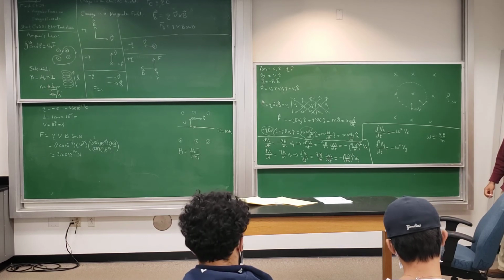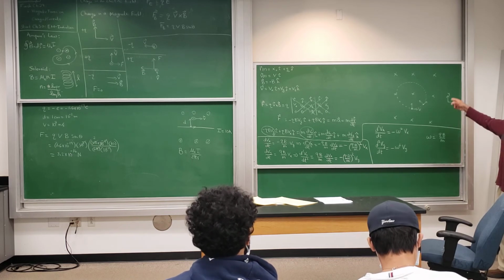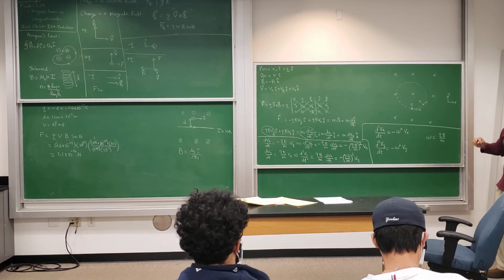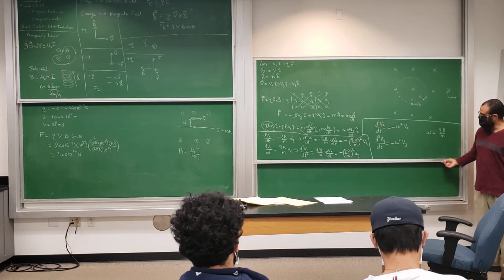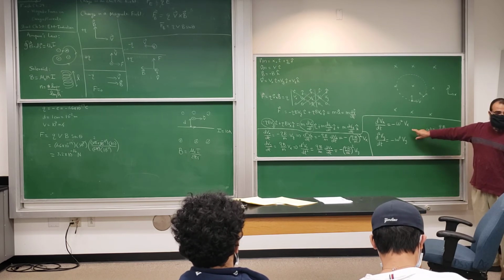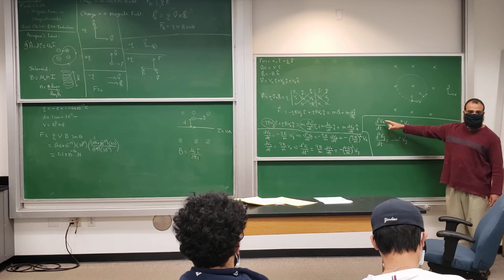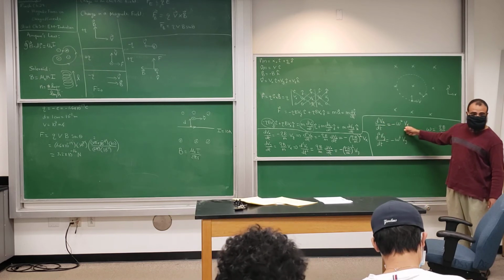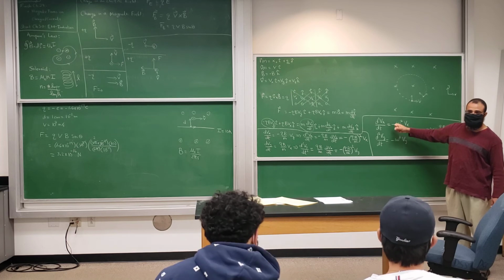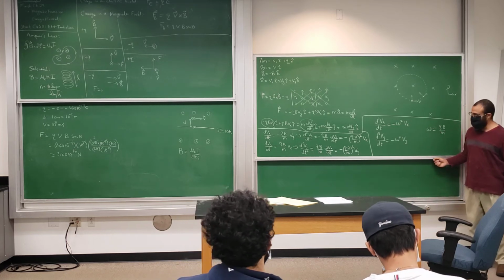Okay. Why am I defining it that way? Well, it will be a circle and it will have a certain frequency. And so that's why I define it. So now we're going to look at this equation here and solve. You have the second derivative of a certain quantity equal to that quantity back with a minus sign. So what's the answer to that?